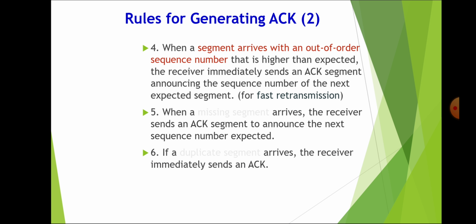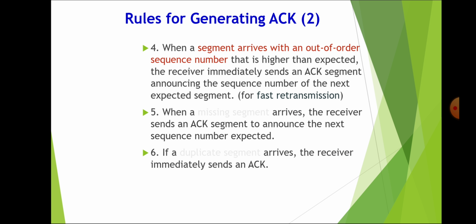Next, when a segment arrives with an out of order sequence number that is higher than expected, the receiver immediately sends an acknowledgement segment announcing the sequence number of the next expected segment. That is nothing but fast retransmission. You will understand all these rules in the coming slides.